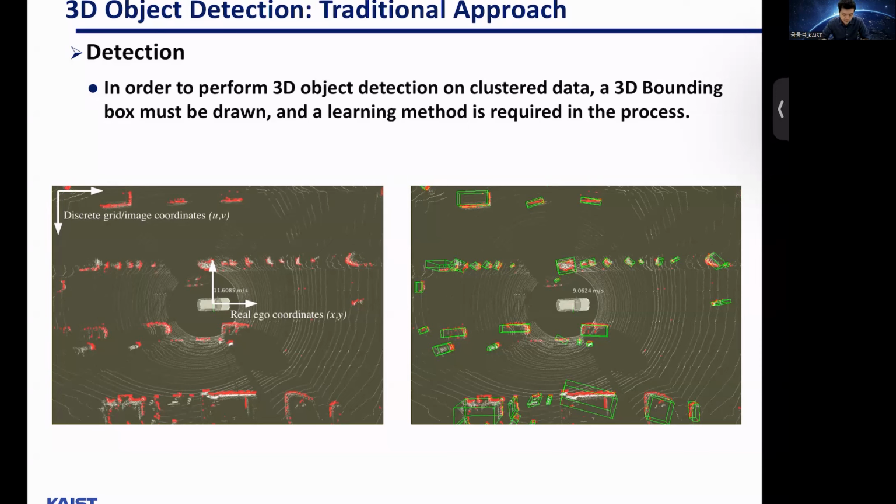Of course, other types of shapes can be used for different objects, and usually a classification algorithm is also applied to classify whether they are a vehicle, pedestrian, cyclist, and so forth.